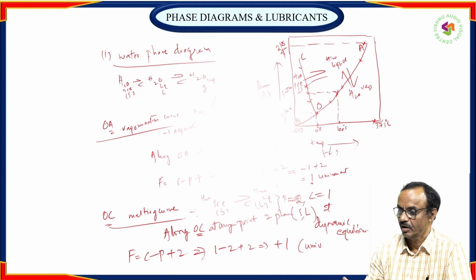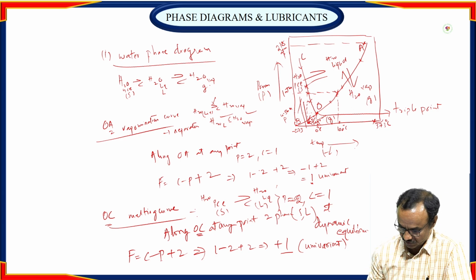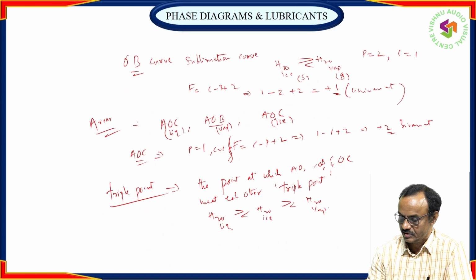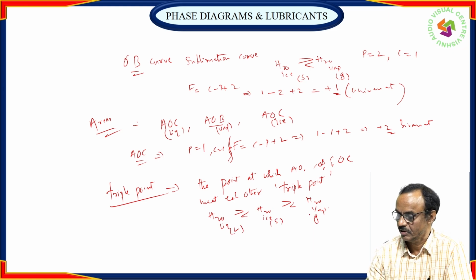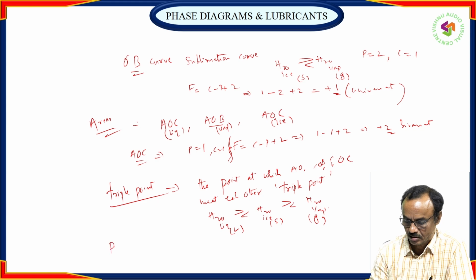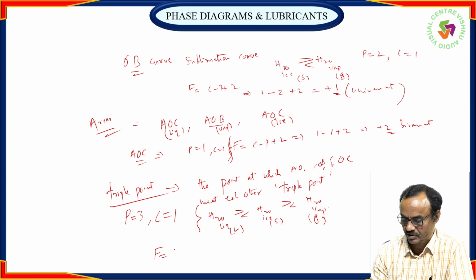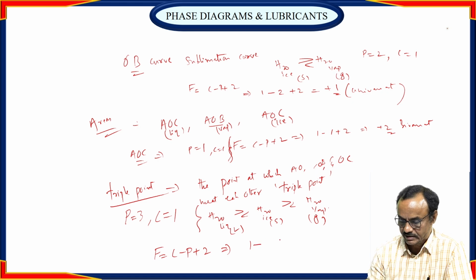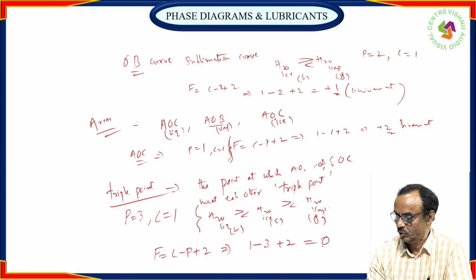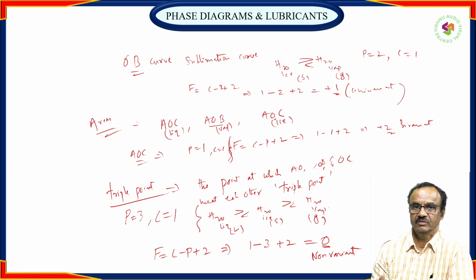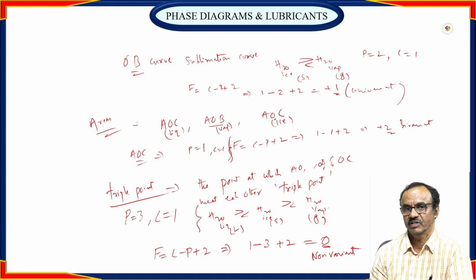Possible phases are 3: 1, 2, 3. This is liquid, this is solid, this is gas. Components represented by formula: 1. Degrees of freedom F is equal to C minus P plus 2, is equal to 1 minus 3 plus 2, is equal to 0, non-variant.